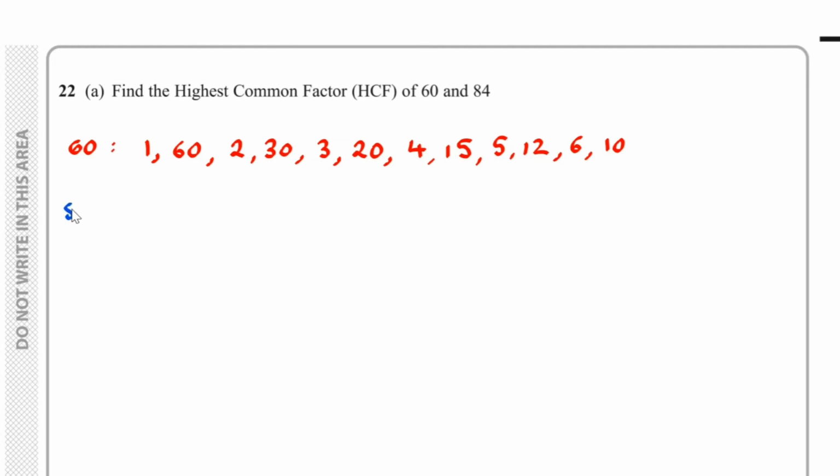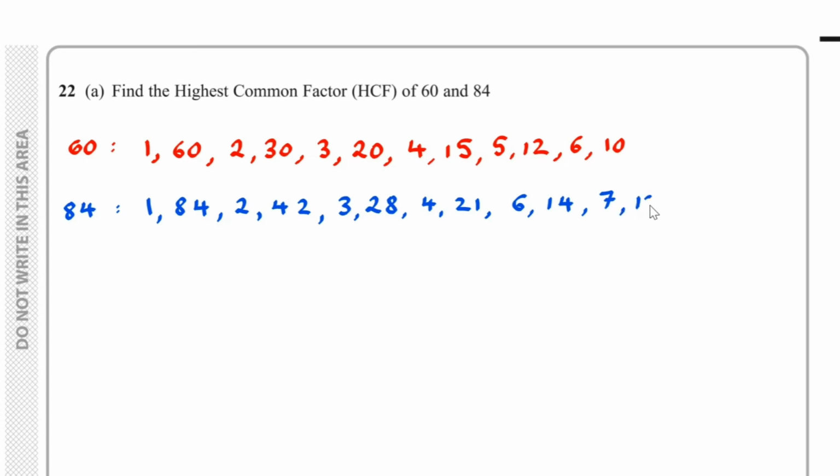Similarly, for 84, 1 times 84 gives 84. 2 times 42 gives 84. 3 times 28 gives 84. 4 times 21 gives 84. 6 times 14 gives 84.